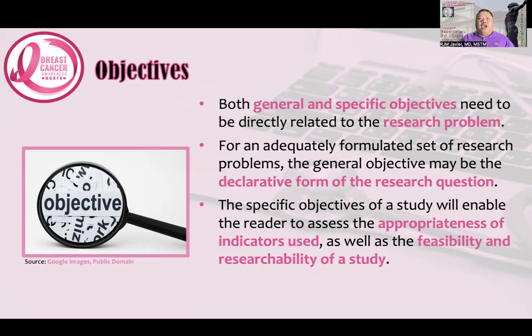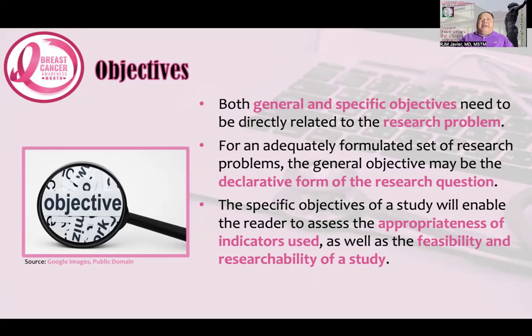So if I were to simplify things, often my specific objective number two would focus on the proportion of study subjects who meet the criteria as to whether or not they have the independent variable, while your specific objective number three would often pertain to the proportion of your study respondents who exhibit the outcome of interest.